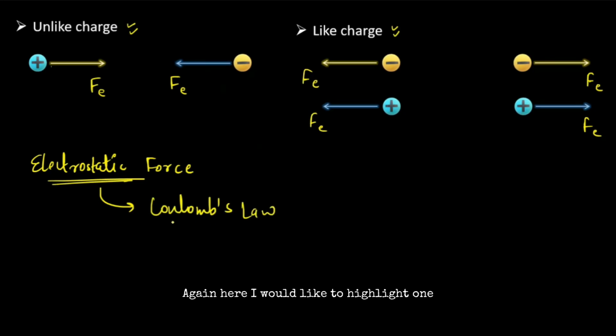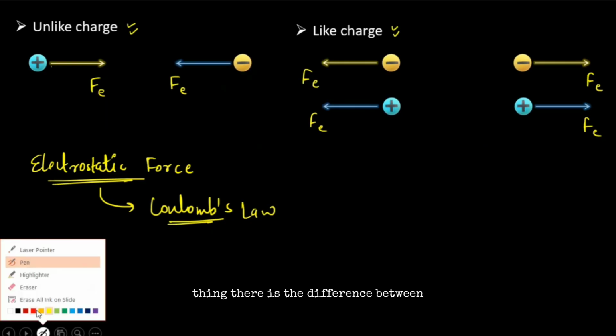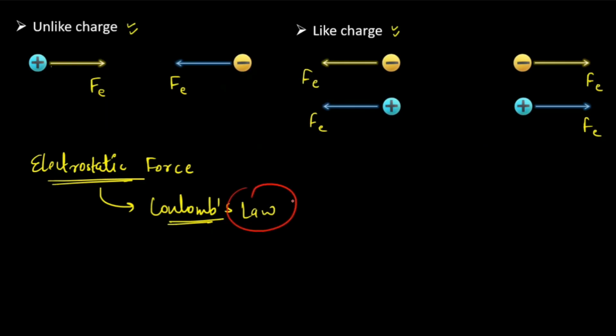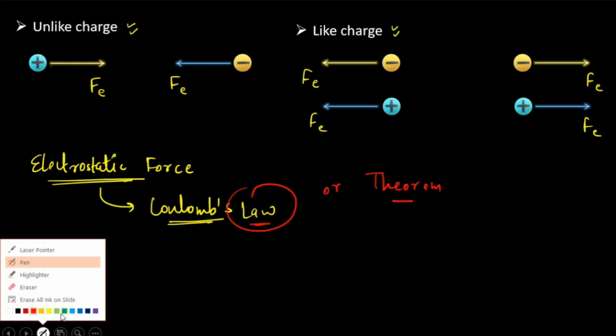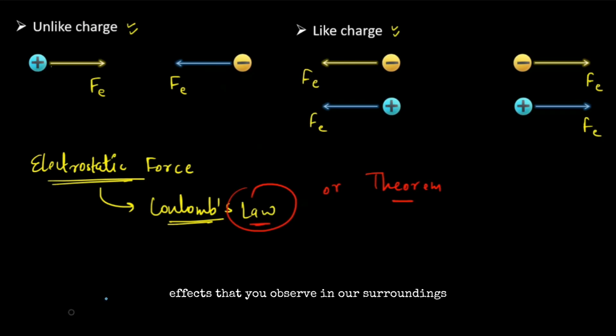Again, here I would like to highlight one thing. There is a difference between laws and theorems. In physics, we're going to talk about two such things. Sometimes we're going to talk about laws, sometimes we are going to talk about theorems. Now, what is the difference between laws and theorems? Laws are those physical effects that we observe in our surroundings, which have no explanation.